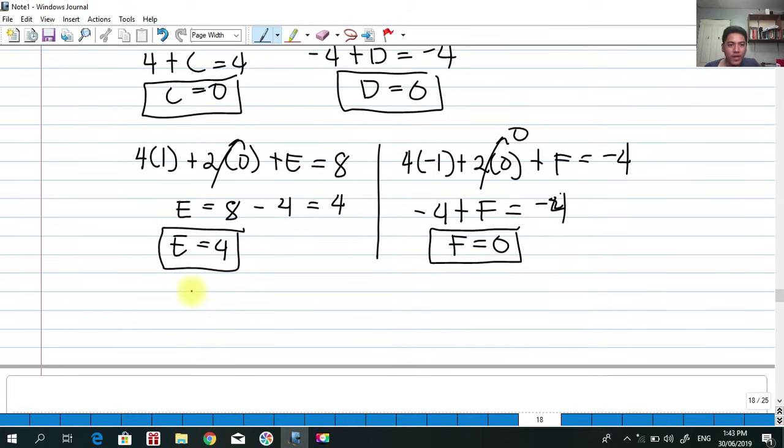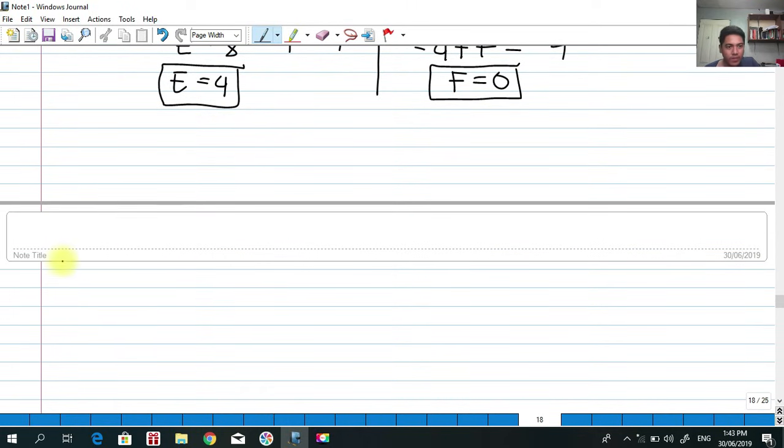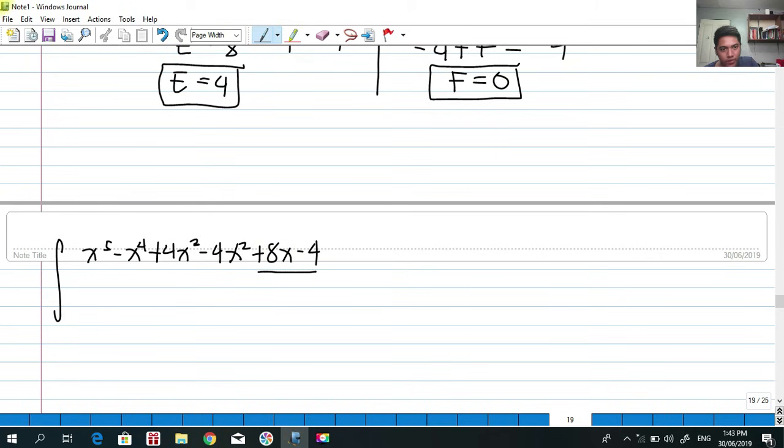So we have now the values. Simply the integral of x raised to 5 minus x raised to 4 plus 4x cubed minus 4x squared plus 8x minus 4, over x squared plus 2 cubed, is simply equal to the integral of what? Do we have an a value?